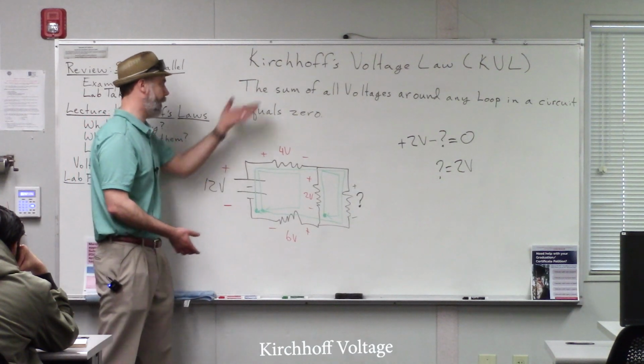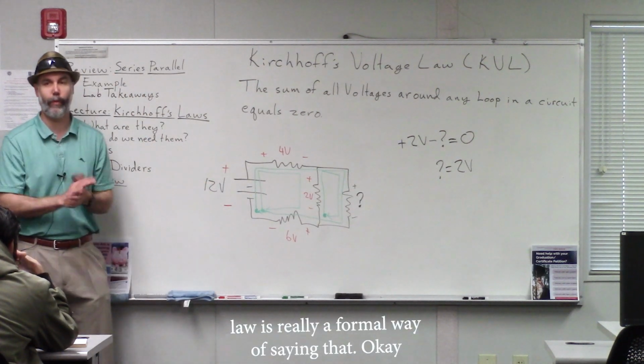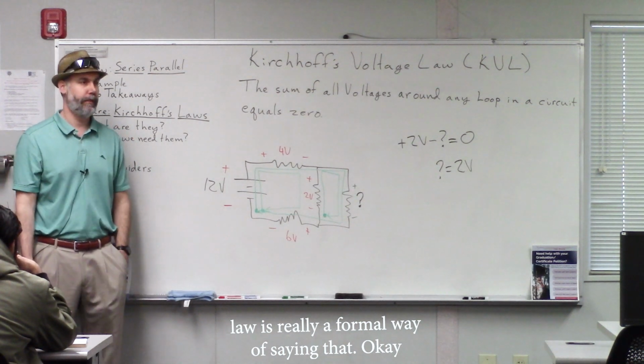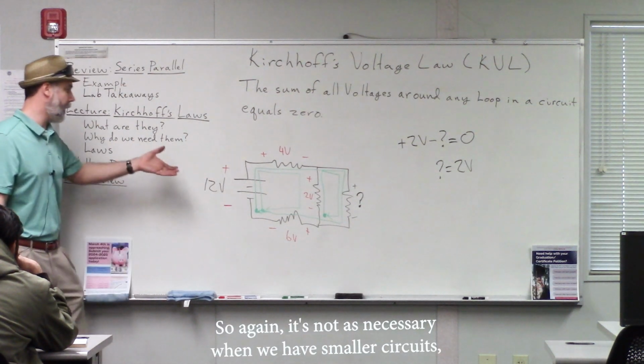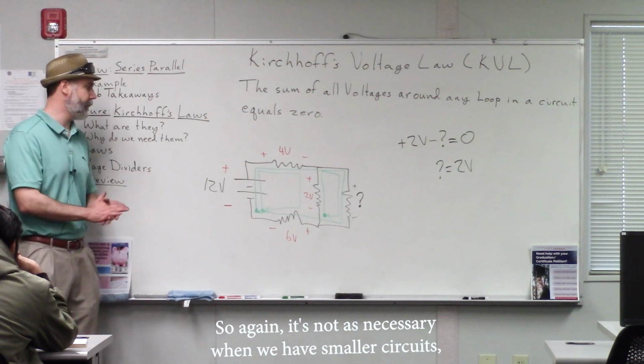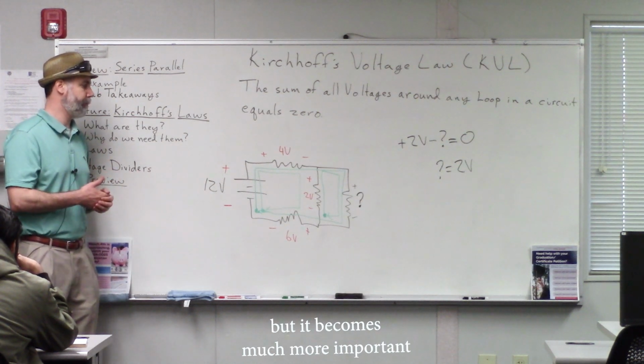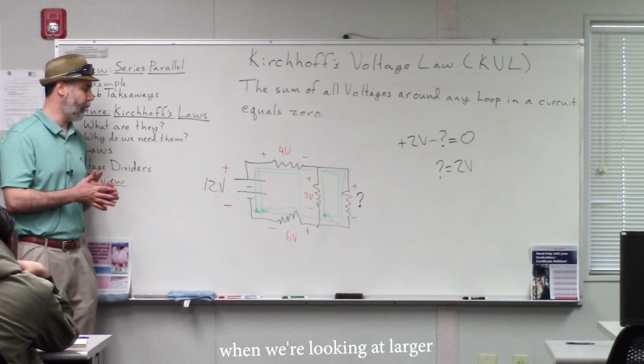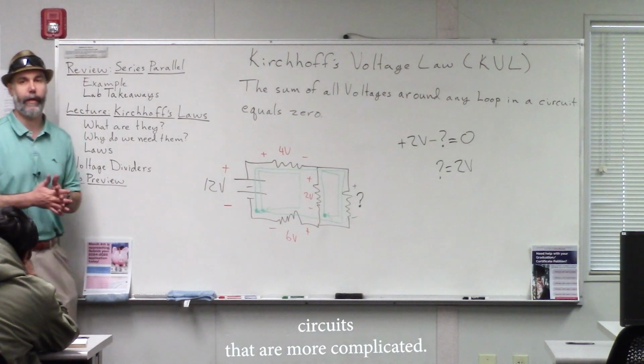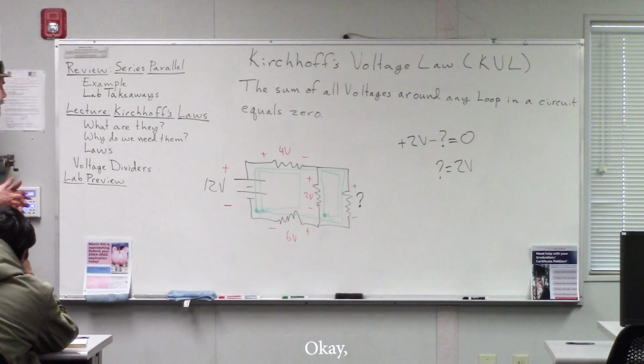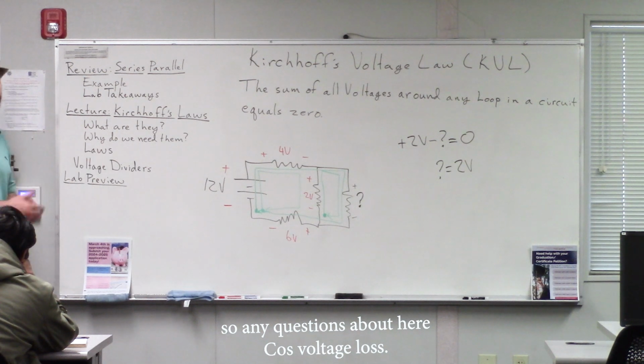And so, yeah, Kirchhoff's voltage law is really a formal way of saying that, okay? So again, it's not as necessary when we have smaller circuits, but it becomes much more important when we're looking at larger circuits that are more complicated, okay? So any questions about Kirchhoff's voltage law?